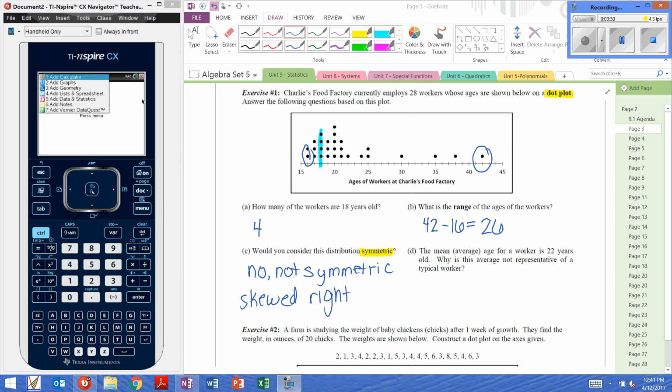Part D says that the mean, and this is something we'll talk about in a few more lesson videos, you might even remember that the mean is the average. So it says the mean age for the workers is 22 years old. So they calculated it for us. What they really did was add up all the values and divide by the total of 28 workers. Now, 22 happens right here.